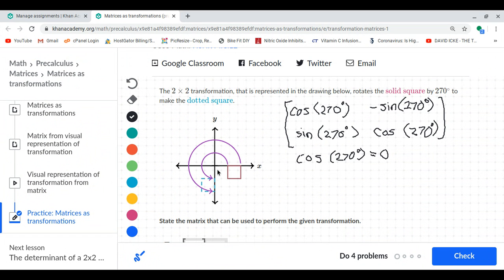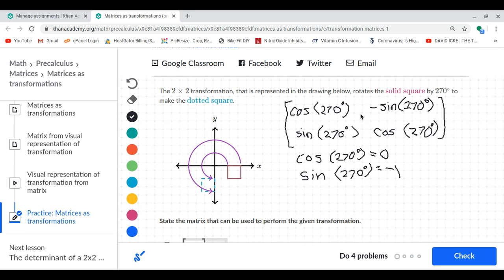Now, the sine, the opposite side is going to be effectively -1. So the sine of 270 degrees is going to be -1.